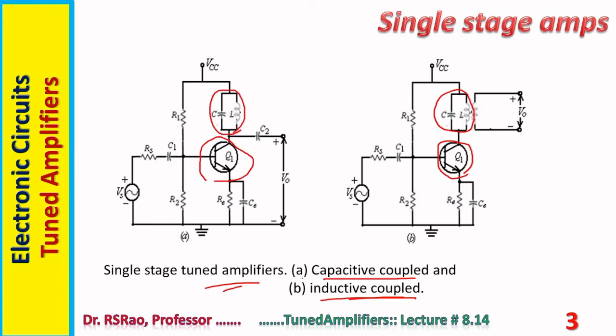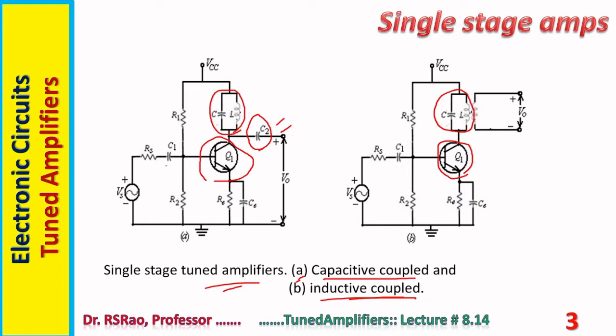A is capacitive coupled. Why is it capacitive coupled? The output of the amplifier is coupled to the load through a capacitor C2. Since a capacitor is used, it is a capacitive coupled amplifier.